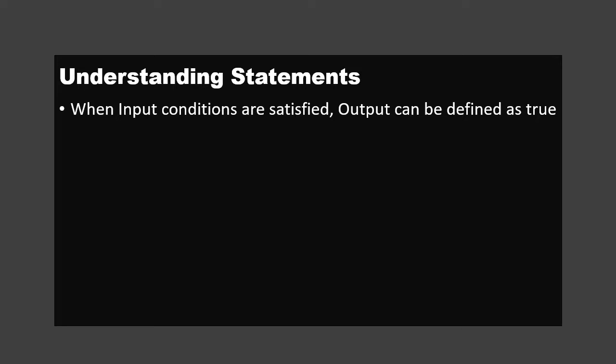To understand logic statements, we have to break it down into 2 parts, the output side and the input side. When the input conditions are satisfied, the output can be defined as true. Let's look at an example to understand what we just referred to here. The statement: Z equal 1 if A is 1 and B is 1.